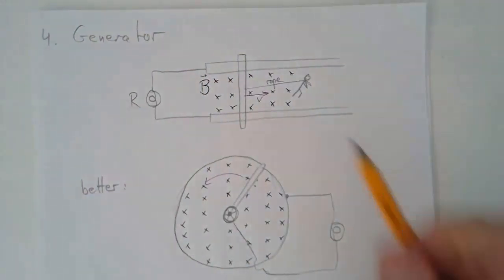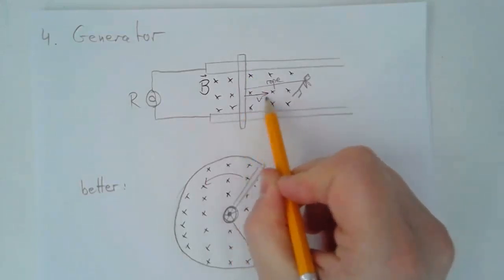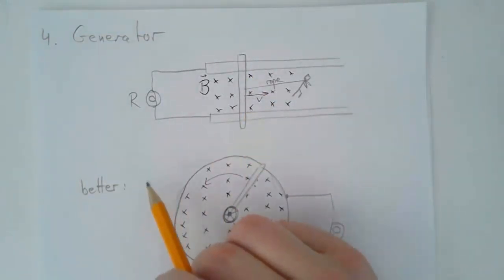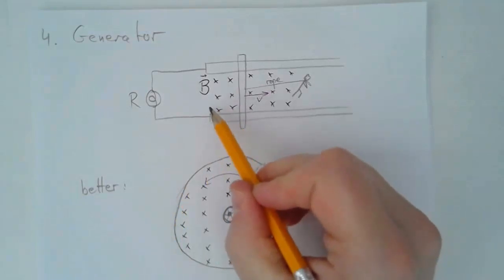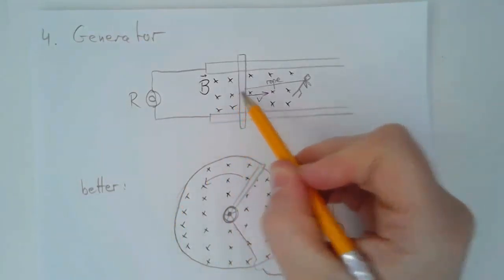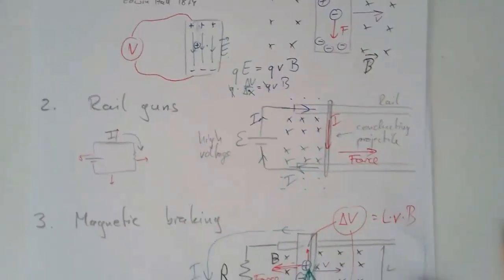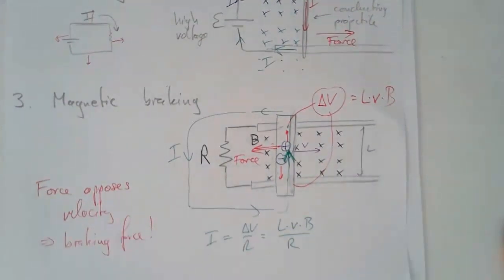And now imagine I move this piece of metal with some velocity v. It's going to experience a force, a braking force, right? The braking force on a wire is I, the current, times L, the length, times B, the field. And maybe I should have written this down at one point in the previous example. Let me go back to this very briefly.